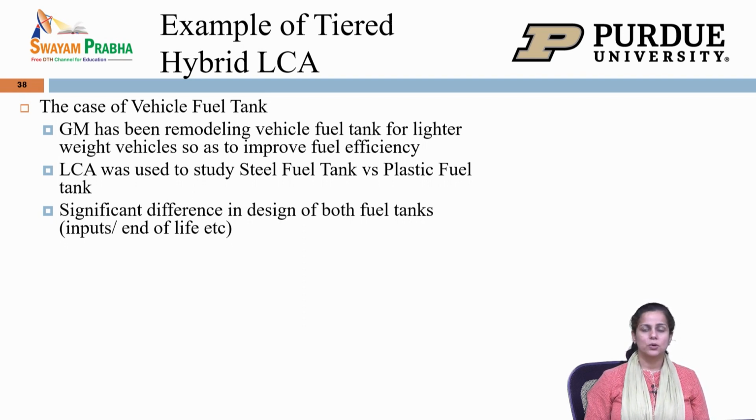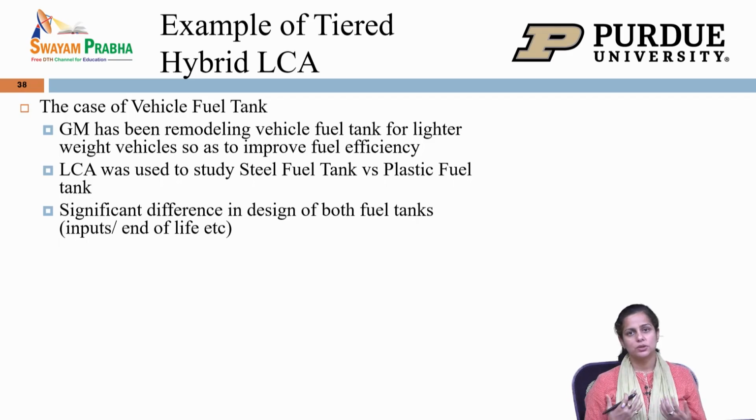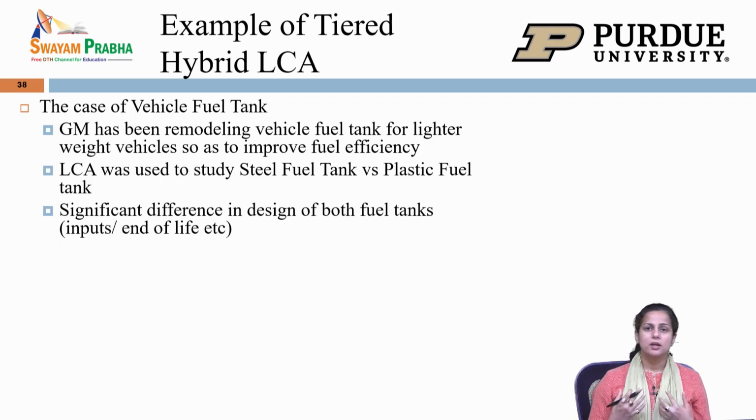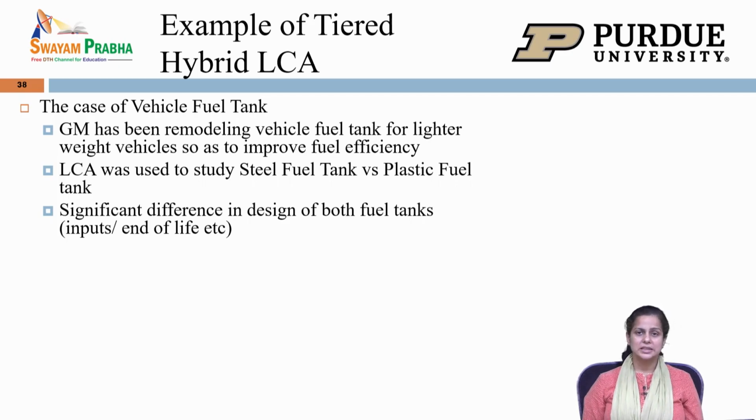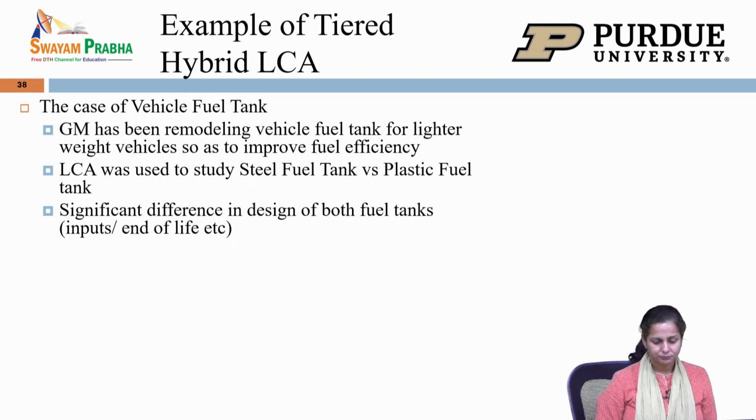And what GM scientists were interested in understanding, if they are converting from a steel fuel tank to a plastic fuel tank, of course the plastic had to be something that can go through high temperature and all of the properties required were matched, but then they wanted to look at how this impacts the total life cycle emissions for the vehicle tank manufacturing by GM.